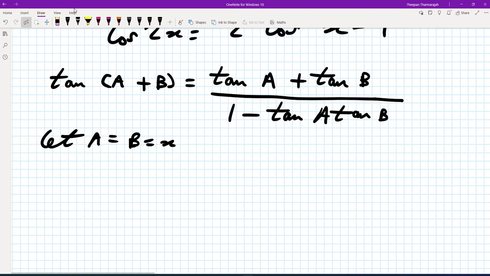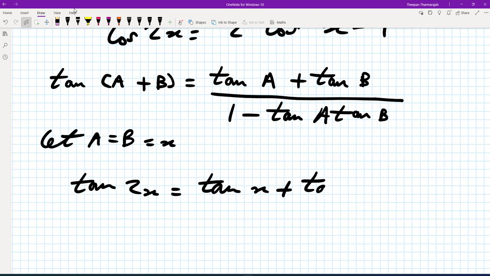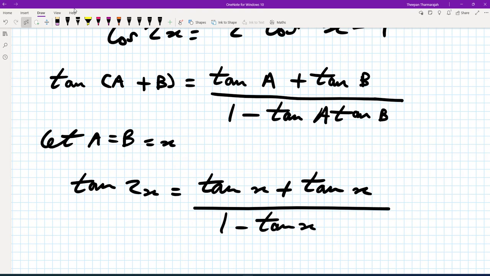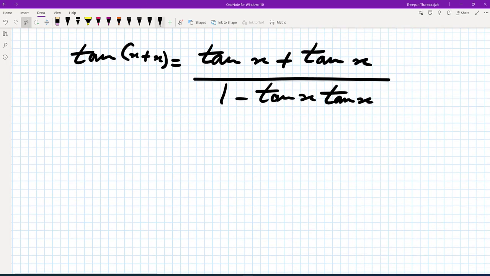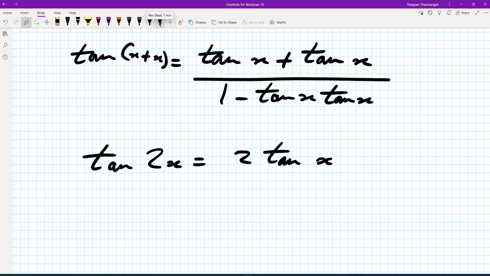So now we can say that tan 2x is tan x plus tan x over 1 minus tan x tan x. If you want me to go back a step, I could write that as x plus x. So therefore, tan 2x is 2 tan x over 1 minus tan squared x.